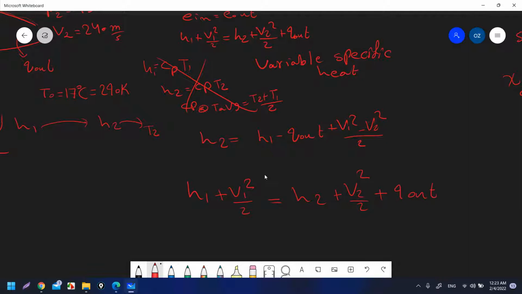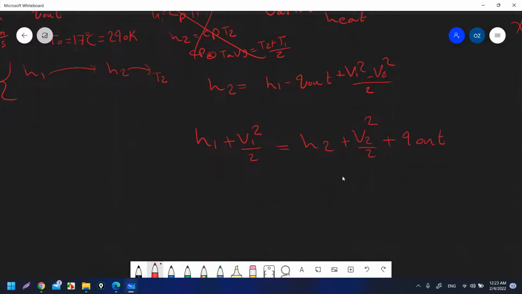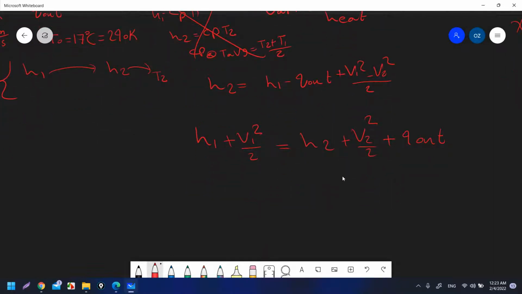And we moved everything to the other side except q out. So h1 minus h2 plus V1 squared minus V2 squared over 2 equals q out.